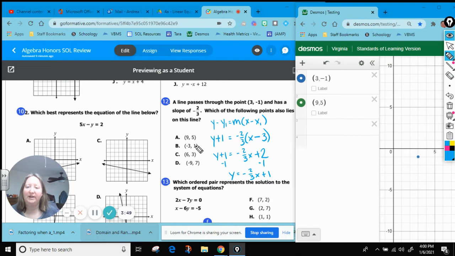If this point works in this equation, then it will make either side equal. So how do I check that? I would substitute in for the y and substitute in for the x. So substitute in -2/3 times -3 plus 1 is equal to the y value, which is 1.